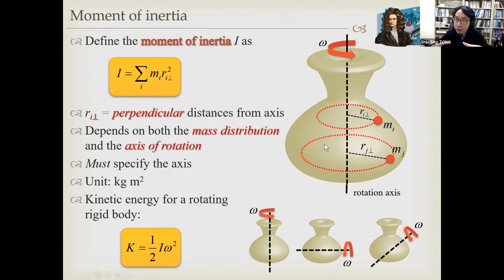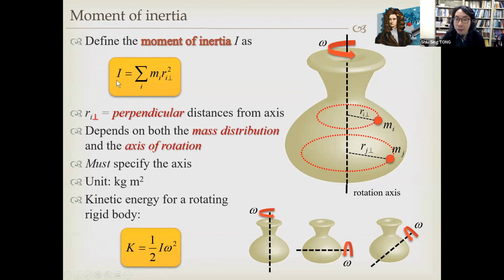So you can imagine if the flask is more extended in size, if the point masses have a larger distance from the axis of rotation, then the summation will be larger, right? So it depends on how the mass is distributed on the object. If you have a flask with a wider base, the distance of the particles from the axis will be larger, so the Ri perpendicular squared will be larger, and the summation will of course be larger, right? And so the I will also be larger.